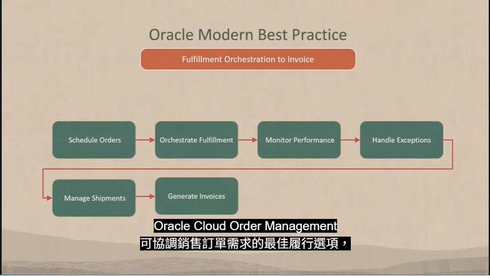Handle exceptions. Access status updates and notifications through a secure, trusted network. Manage and schedule back orders using a dashboard. Receive recommendations for addressing supply disruptions and order changes in line with business rules. Utilize what-if analysis to determine the best course of action. Manage shipments.